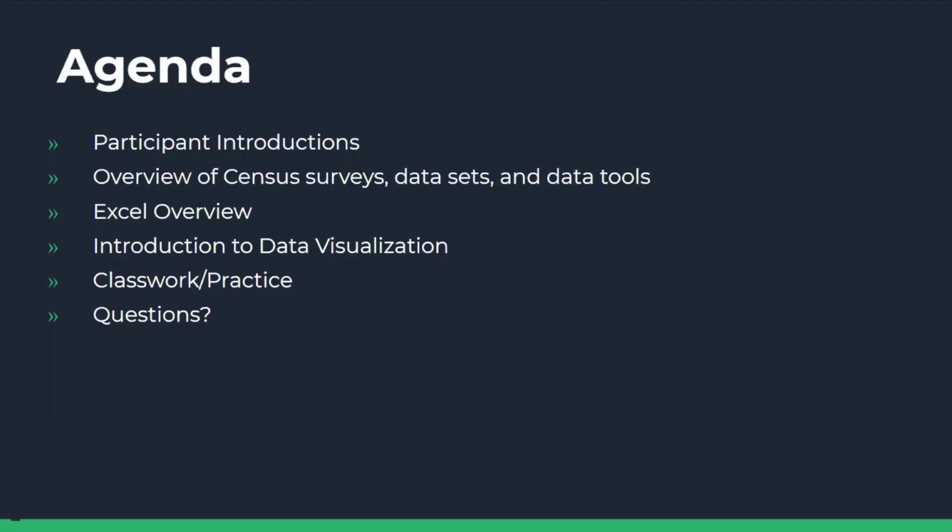I do want to stress some differences between the decennial census, which is coming up soon, Census Day is April 1st, and the American Community Survey. The decennial census, the big census, happens every 10 years. This year, the questionnaire only contains 9 questions.